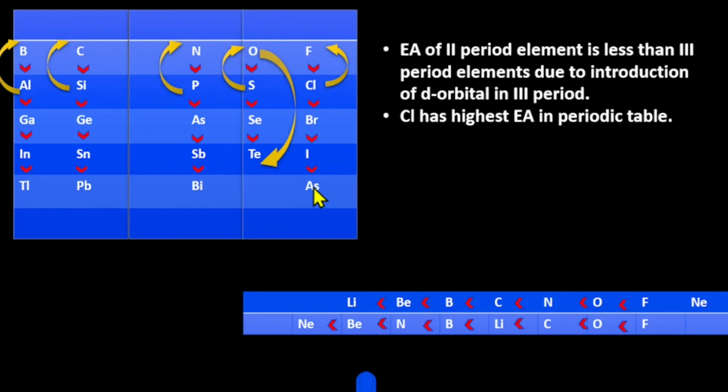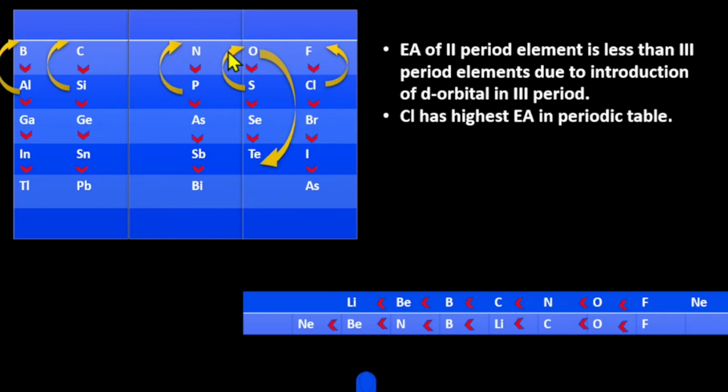In two ways you can understand. When we go along the period, electron affinity increases. You can better understand that these elements, means oxygen, fluorine, these elements have more tendency to accept electron. So definitely when we go along the period, electron affinity increases.